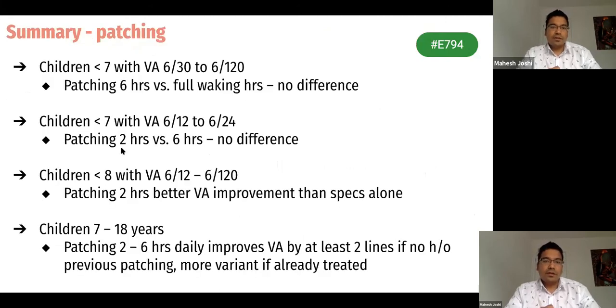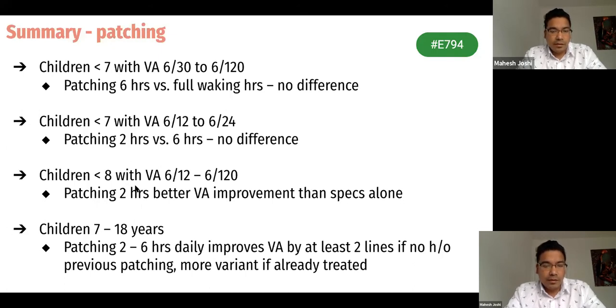There are different studies from the same group, the Amblyopia Treatment Studies, where they have looked at different amounts of patching doses and different age groups. So I'm just summarizing all that research here. In children less than 7 years of age, 6-hour patching is enough, even for severe amblyopia. For moderate amblyopia, 2-hour patching is adequate.